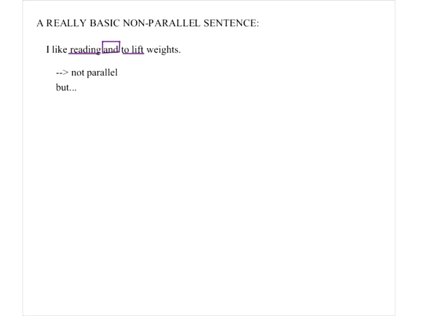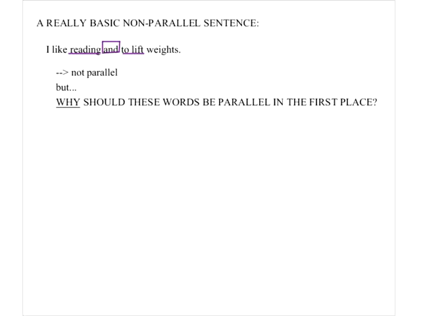But here's a really stupid sounding question that, when you step back and think about it, is not actually such a stupid question. The question is, why do we want these things to be parallel in the first place? Why should these words be parallel in the first place?